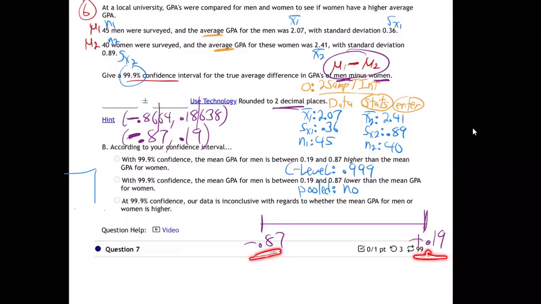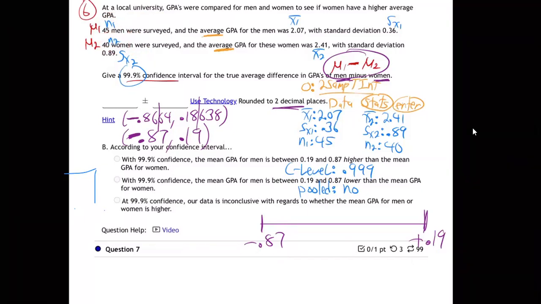Because this is just 45 men we surveyed and 40 women, but we're trying to figure out what might be the true difference for all men in the world that are going to university and all women. That's what we're always doing in statistics: taking a small sample to figure out something that's true about the whole world population.